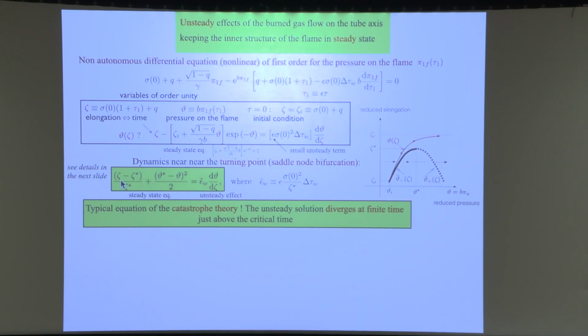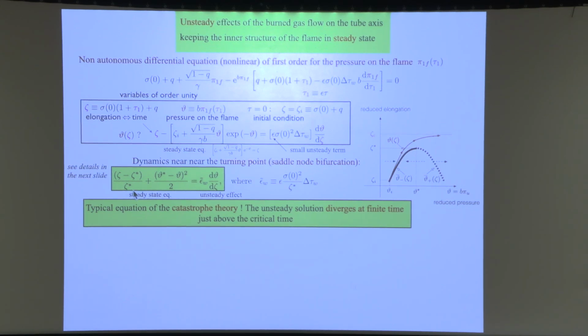When this equals 0, it is the quadratic equation that I obtained for this solution that I have described when you do not take into account the unsteady effects on the burned gas, and now you have this.